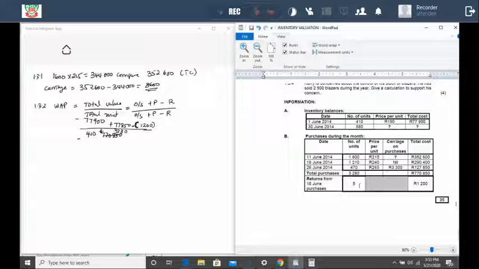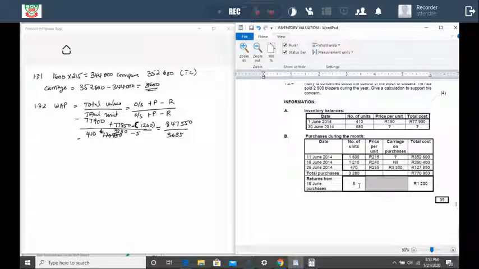What was the value of return? So if we do that, we have 847,550 divided by 3,685. Now, remember, we are looking at what?